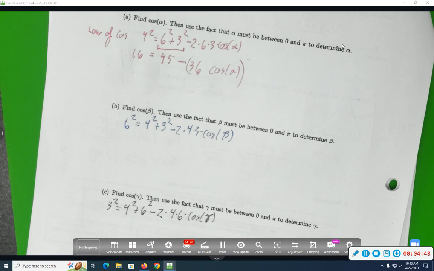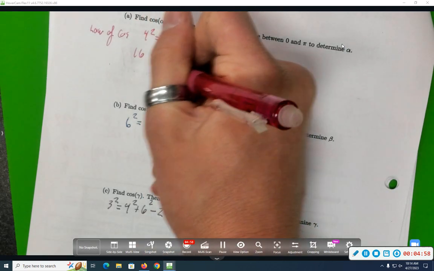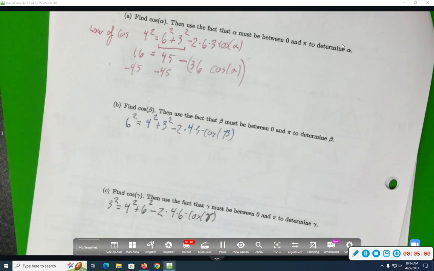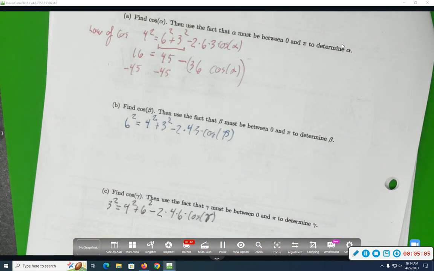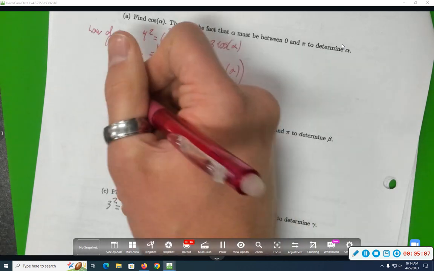Anyway, so solve that for cosine of alpha. What seems like a good next step? Say that louder. Subtract that 45. Gosh, 16 minus 45 is negative 29, I think. Nice.